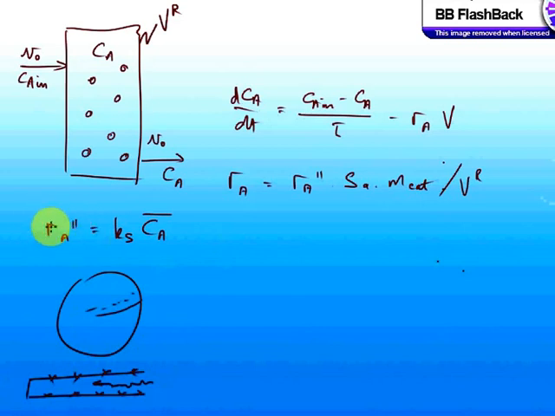This rate here, this is the area-based rate, and that rate is going to be different for every point along this pore. So what we actually want is the overall reaction rate for the whole reactor.